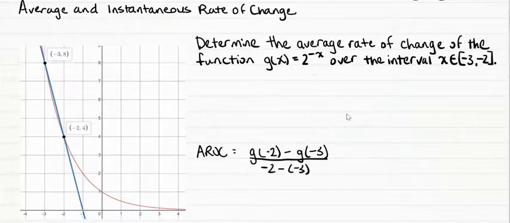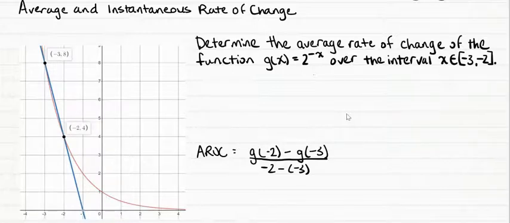To determine the average rate of change here, we first need the function values at g of -2 and at g of -3. If you already have the graph, then you can pick those values off of the graph. If you're working solely from the equation, then you want to show those calculations first.